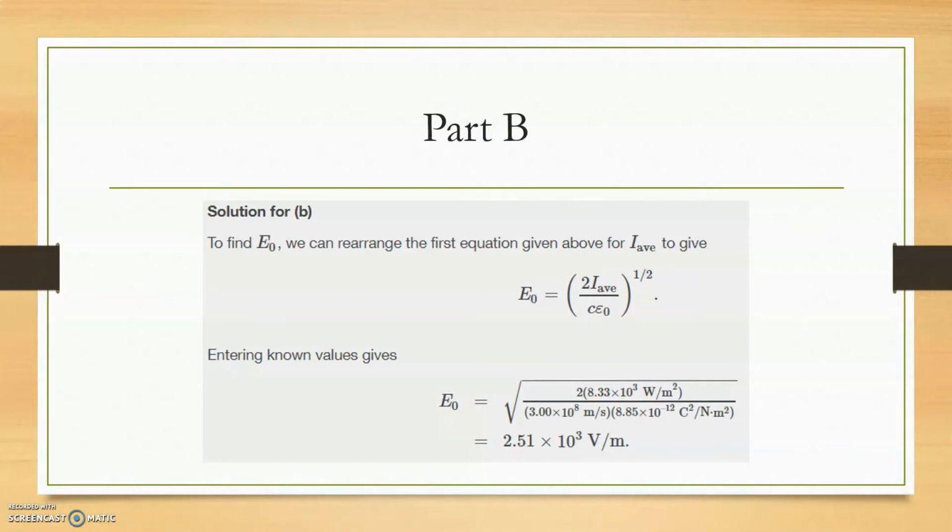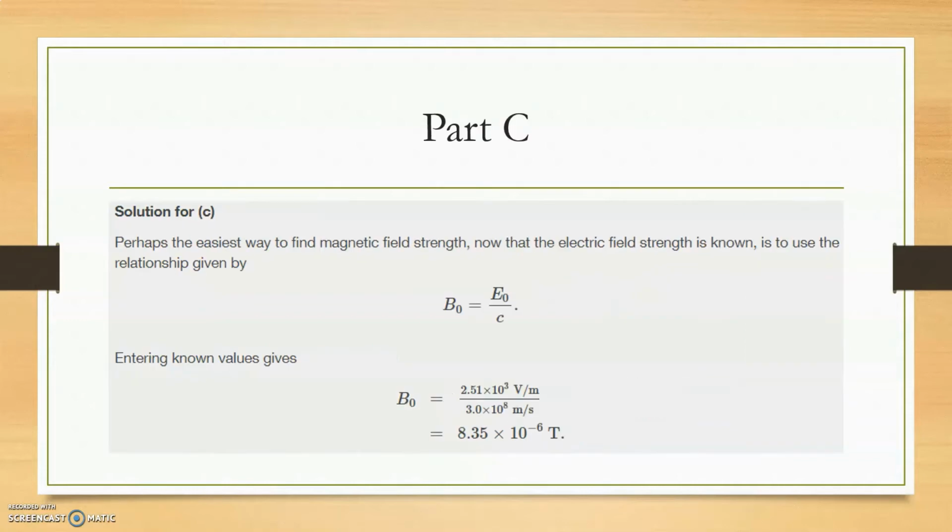So for part B, we're using those equations that we saw on the slides earlier. We can just rearrange it, and this is how it shows there. Plug in the values that we found in part A for intensity average, and if we calculate that out, we'll find the electric field strength to be 2.51 times 10 to the third volts per meter.